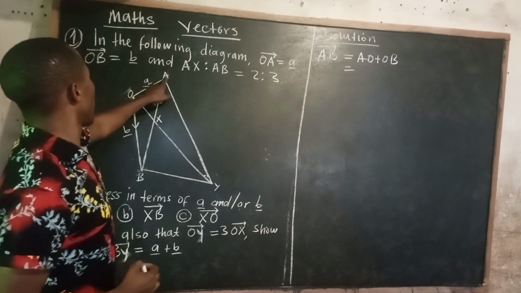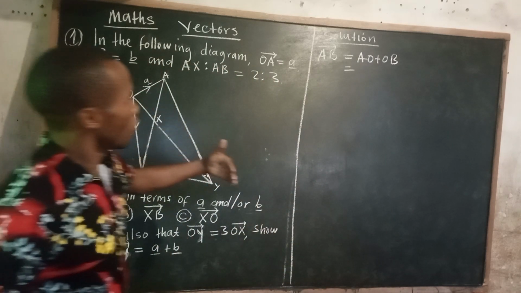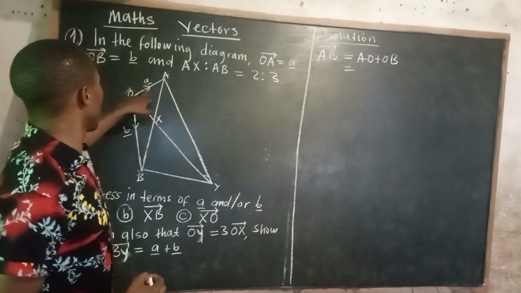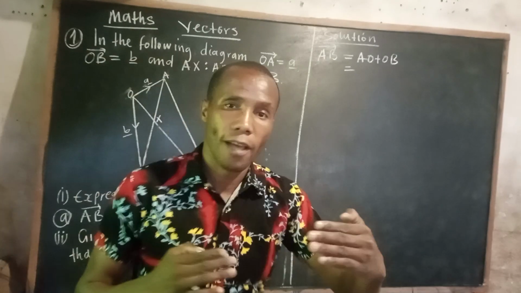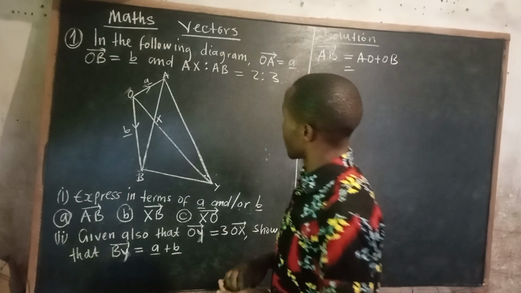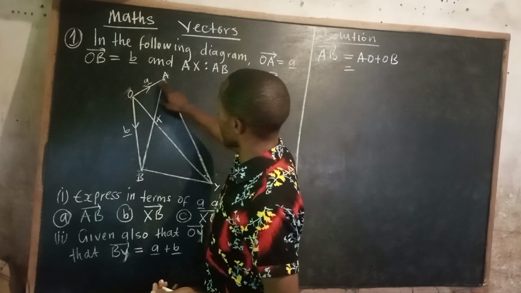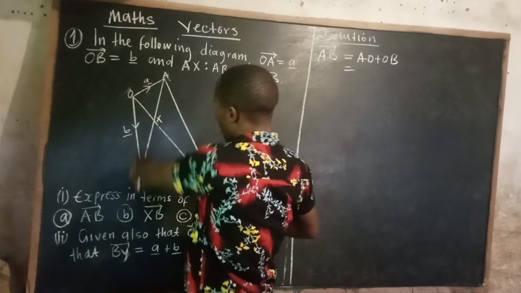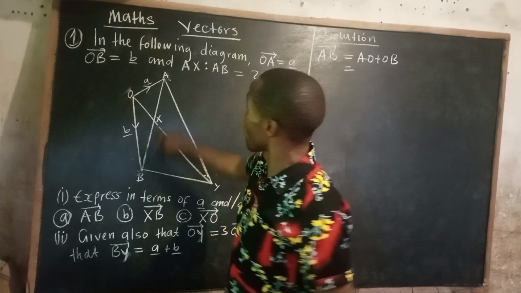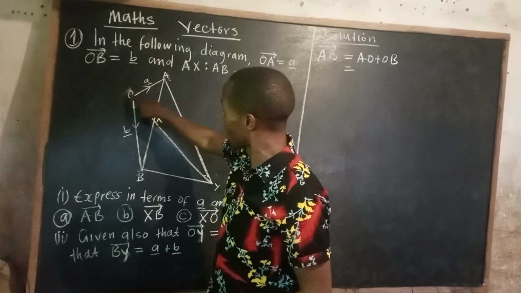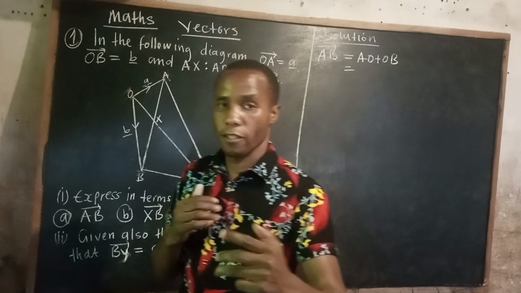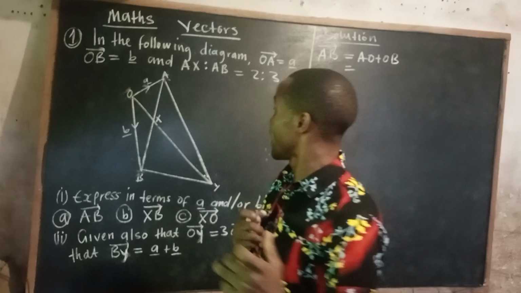So now what is our AO? Now before, we know that OA is A. Now remember we are moving against the direction, because the direction is showing going this side from O to A. Now for us to reach point B, we have to move from A to O, then O to B. So it means we are moving opposite to the direction.